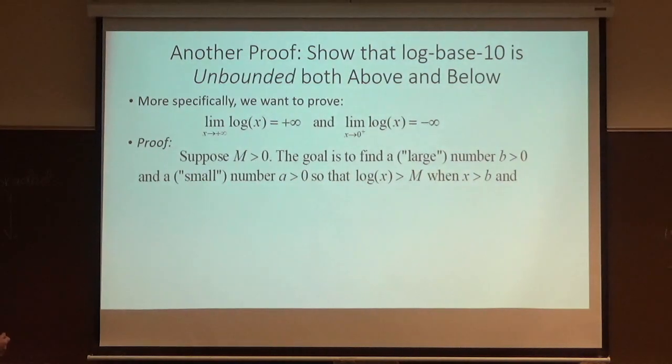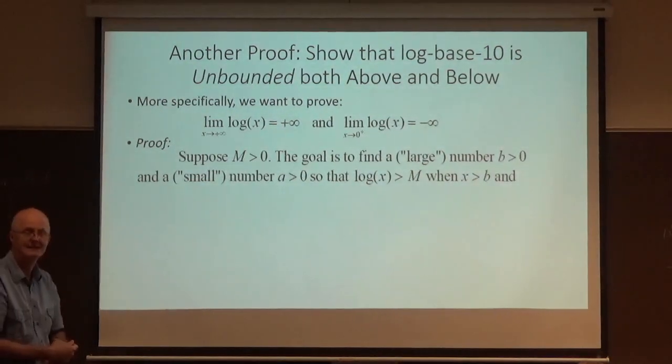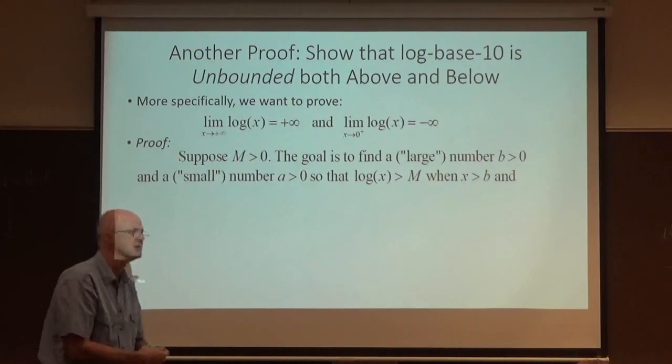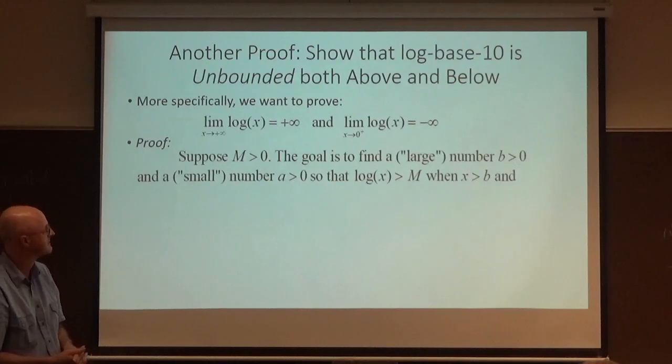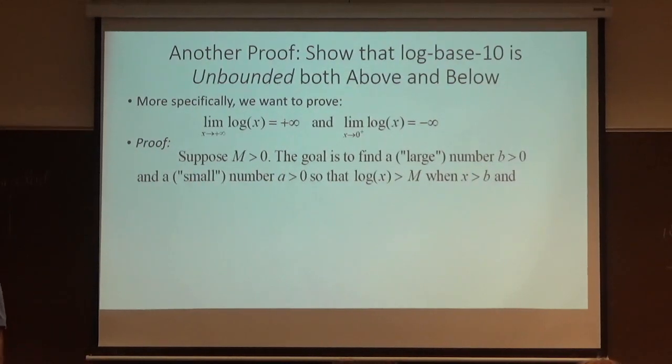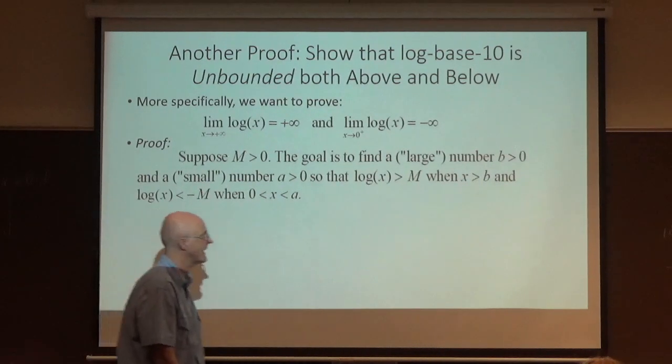The goal is to find a quote-unquote large number b, though it actually doesn't have to be large, and a small number a, though it actually doesn't have to be small, so that log of x is bigger than m when x is bigger than b, and log of x is less than negative m when x is between 0 and a.